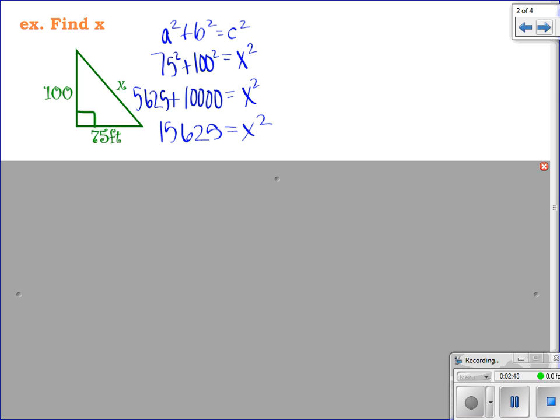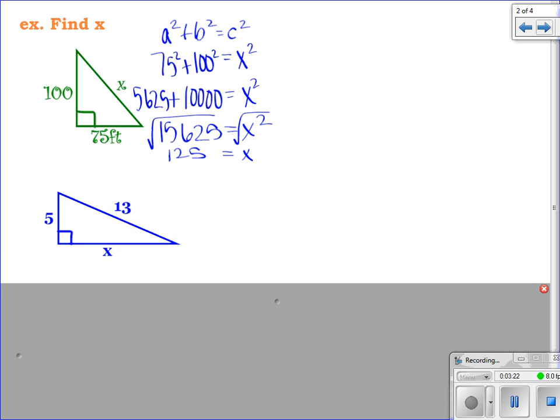And now what's the last step? So right now we have x squared and we want just x. Yeah, let's square root both sides. What is that? Okay, so we figured out that the hypotenuse is 125.